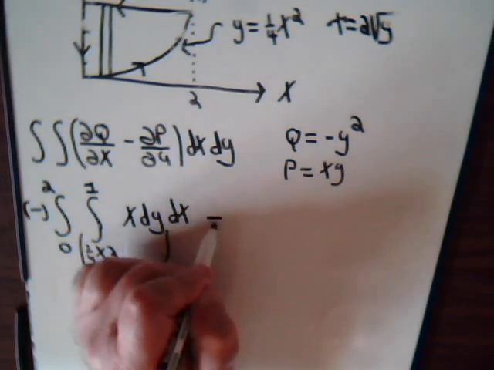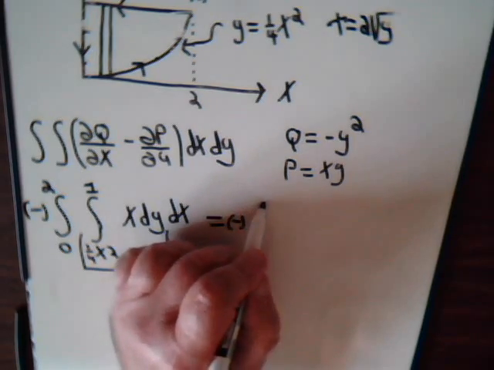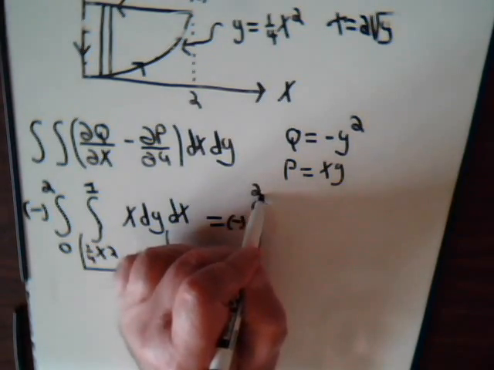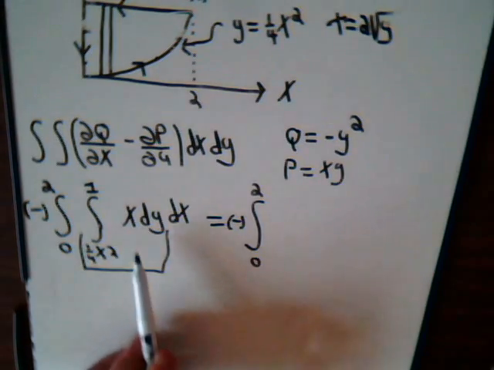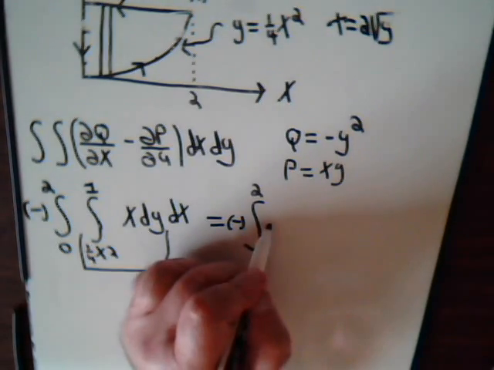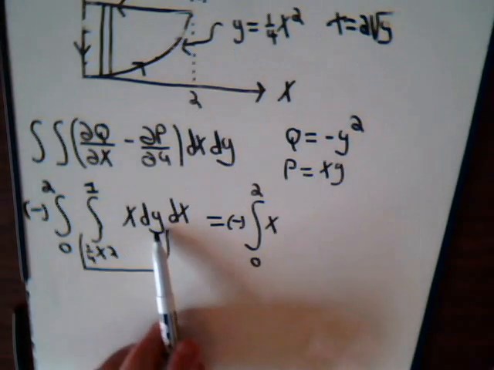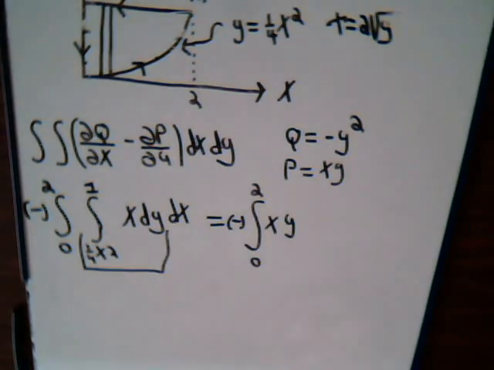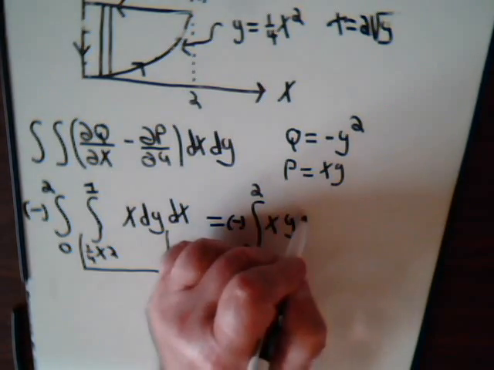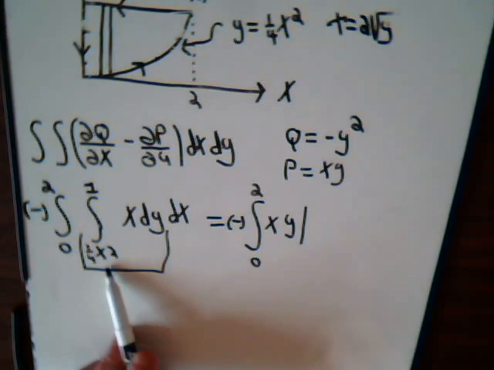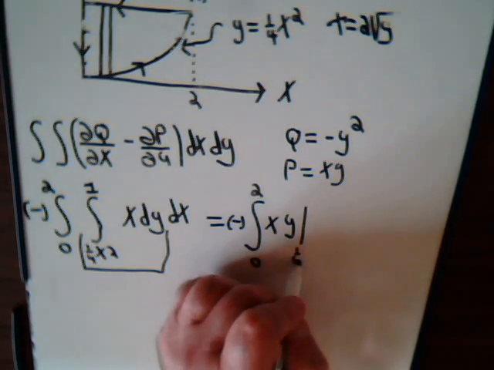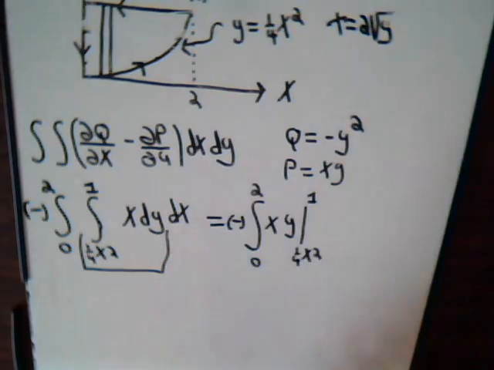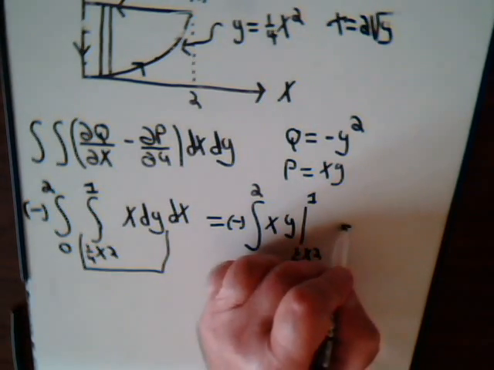So this equals minus this integral, 0 to 2, and we have x, just treated like a constant, and the integral of dy is y. Okay, and y goes from where? From 1/4 x squared up to a value of 1, and we have dx.